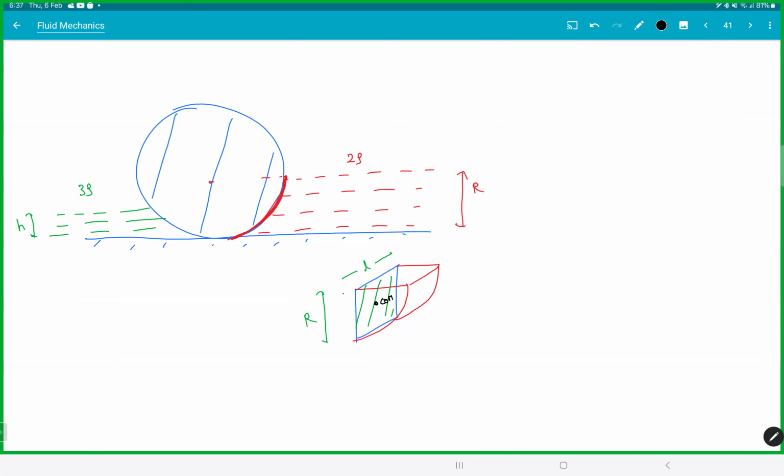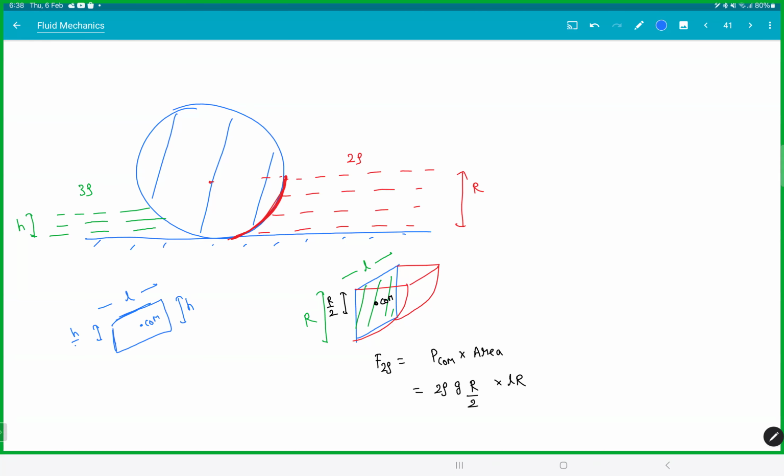So the force due to the 2 rho liquid will be density of the liquid 2 rho. Again, remember, pressure at the center of mass into area, which is 2 rho G, height is R by 2, area is L into R. Similarly, if you look at the 3 rho liquid, the height is H. This side is L. This is the center of mass.